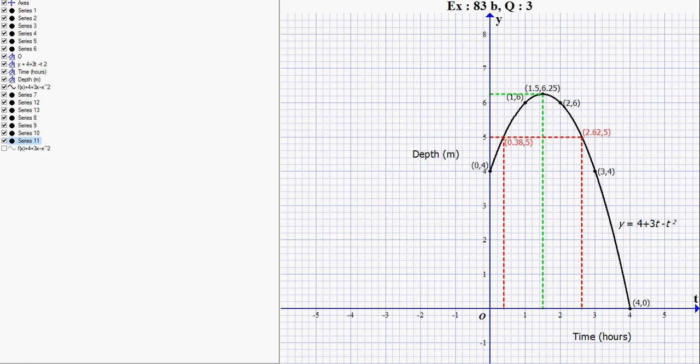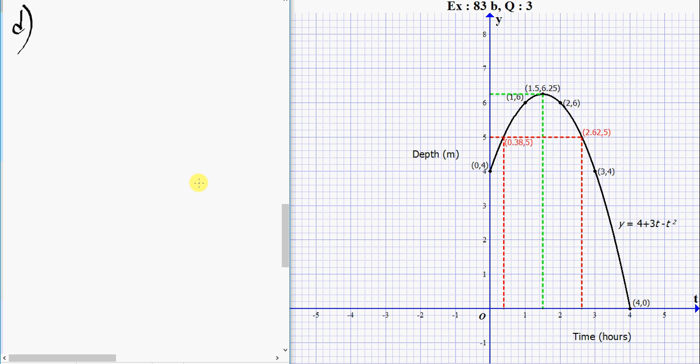So at least 5 meter means y greater or equal to 5. So this is the region for y greater or equal to 5.